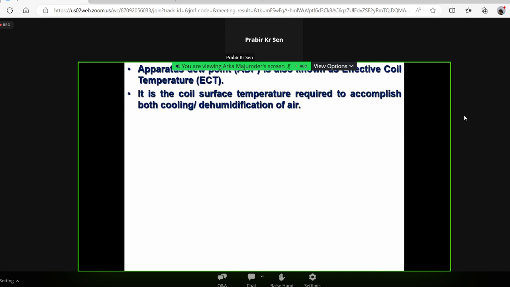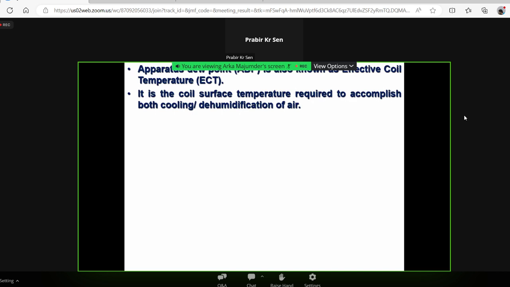When they breathe out, it not only releases some sensible heat, it also releases some latent heat by way of moisture coming out with our breath. So the supply air should have that amount, maximum that amount of moisture.